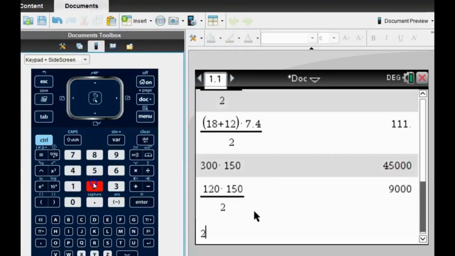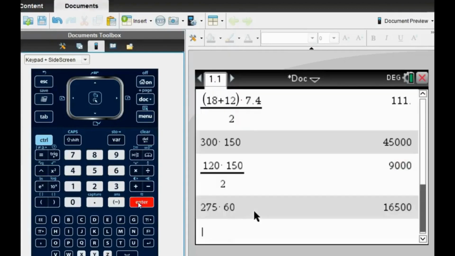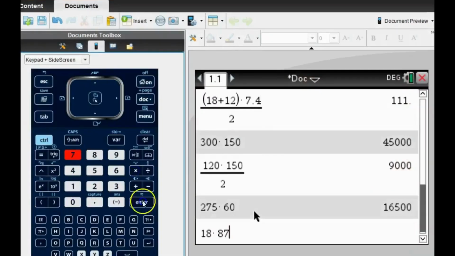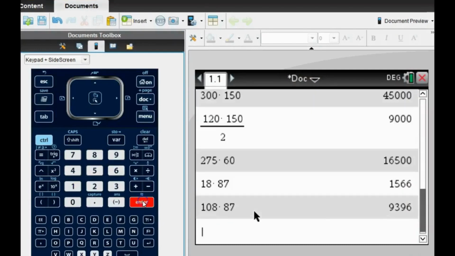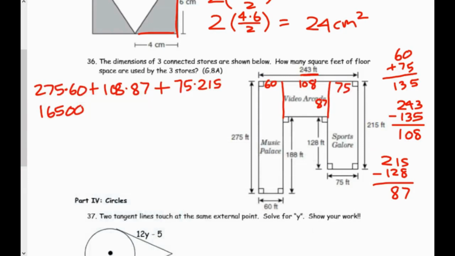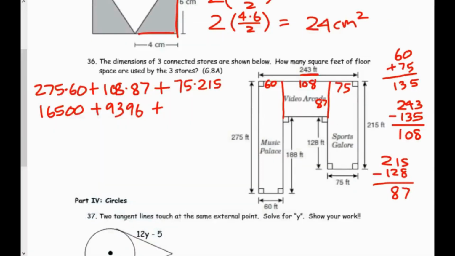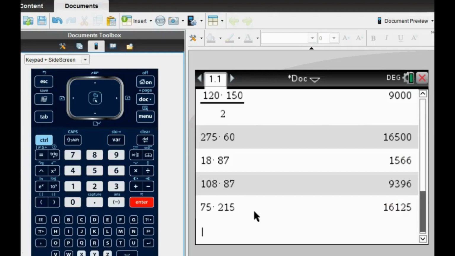Let's plug it in. 275 times 60. Those up.